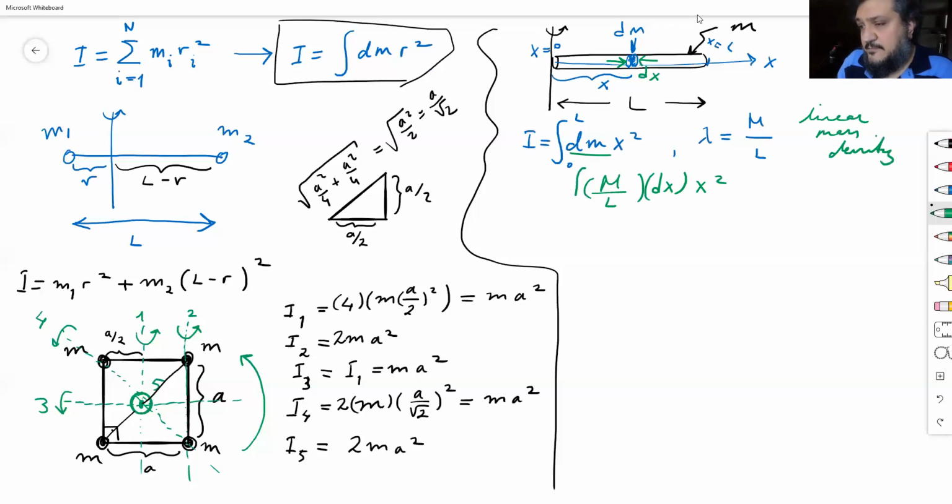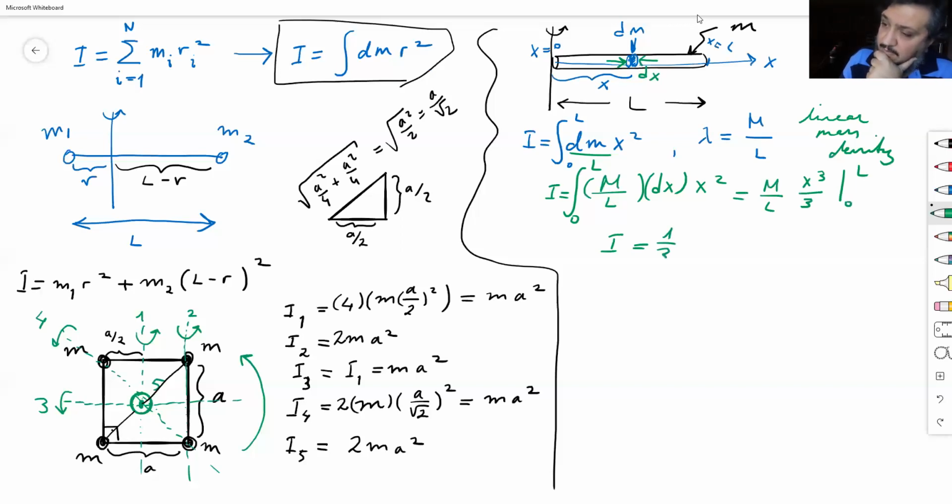And integrate it from 0 to L. So the integral of x squared is x cubed over 3 from 0 to L. So the moment of inertia for this setup here is 1/3 ML squared.